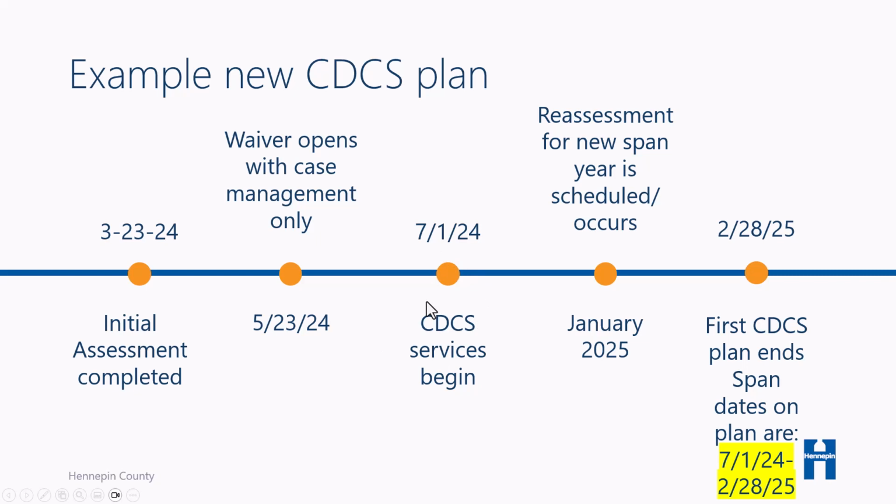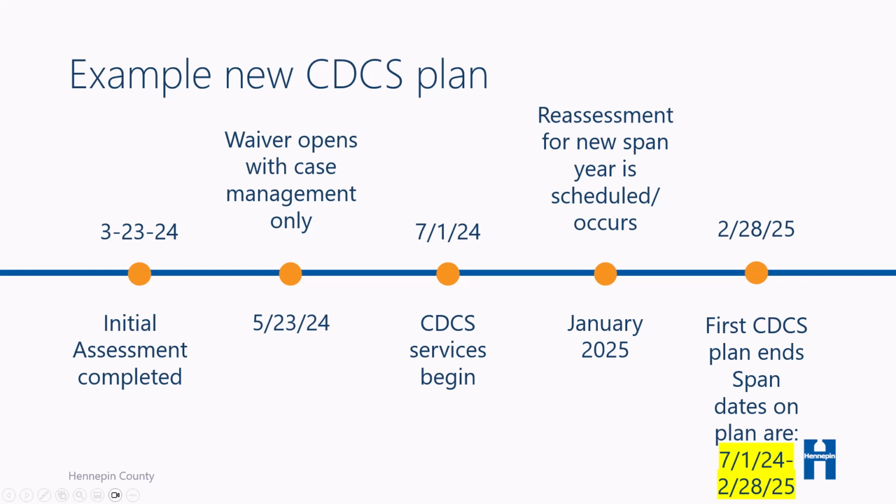The 7/1 start of this CDCS plan will have a shortened span year since the initial assessment took place in March. The first year of using CDCS, the plan will always end the last day of the month before the assessment took place. In this example, the CDCS plan will end 2/28/2025.